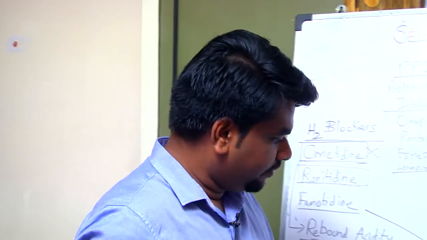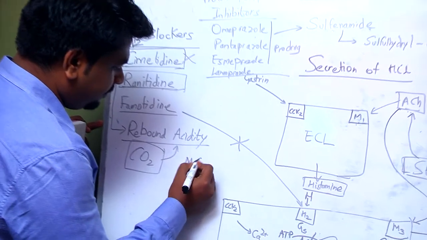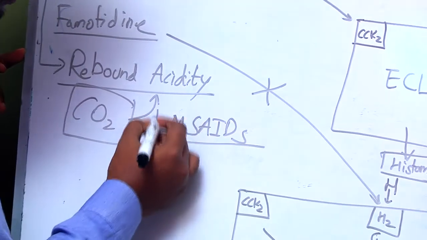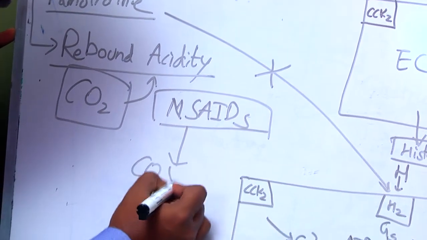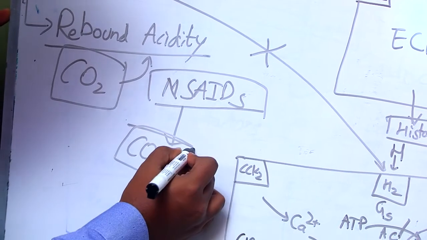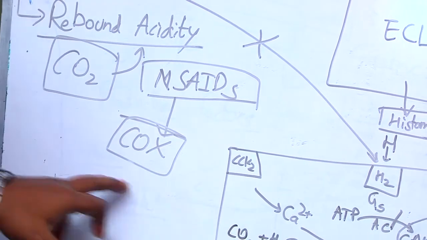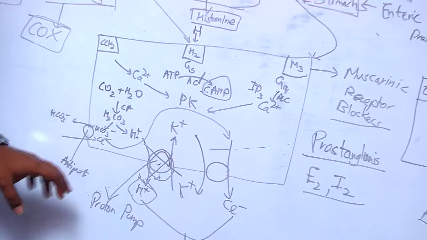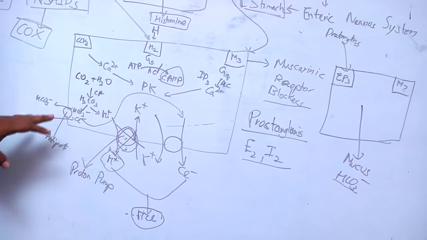So let's see now. So when they discovered NSAIDs, what was the most important thing it did? It did was blocking the cyclooxygenase. So what happens when you block the cyclooxygenase? Ultimately prostaglandins will not be secreted. So when there is no secretion of prostaglandins, what will be the individual more prone to?